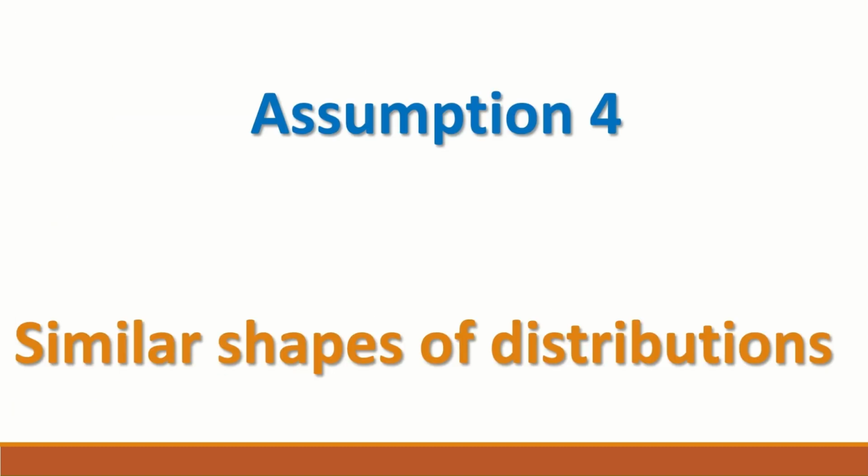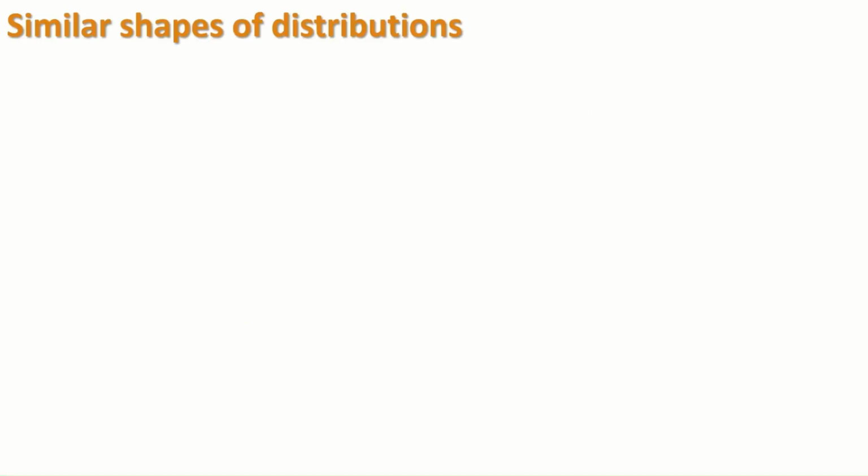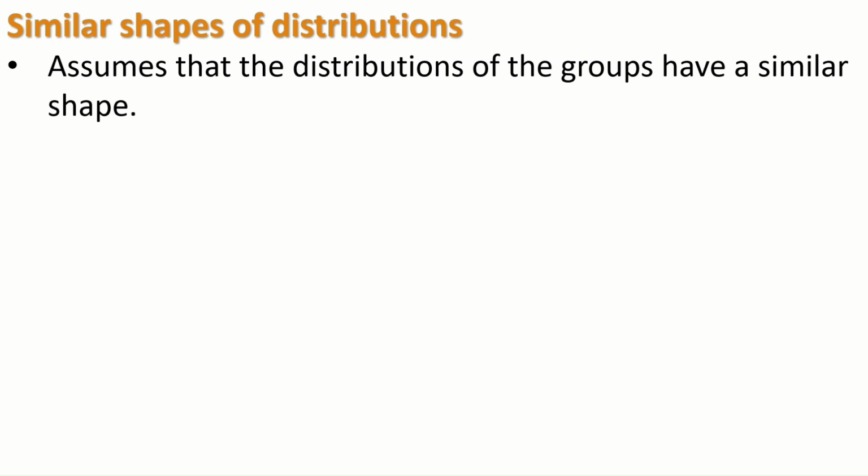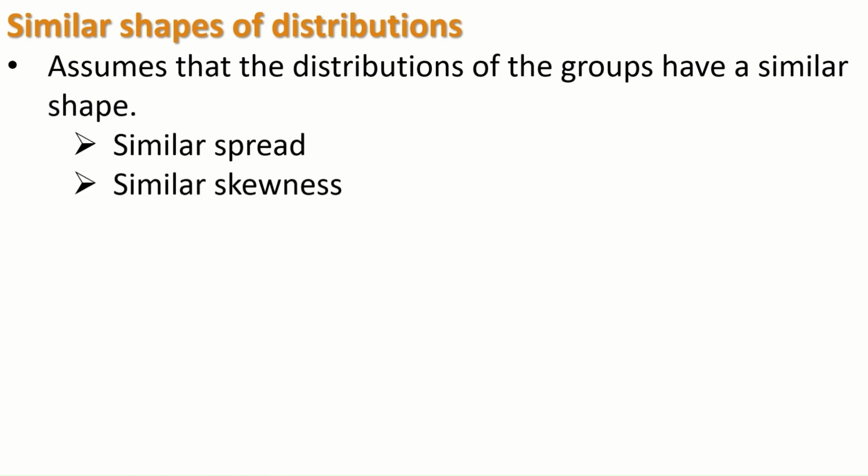The fourth assumption is that there should be similar shapes of distributions. The test assumes that the distributions of the groups have a similar shape, similar spread, similar skewness, as the data are not normally distributed.